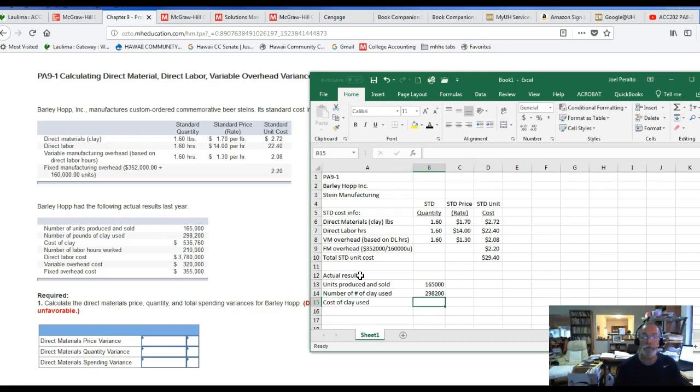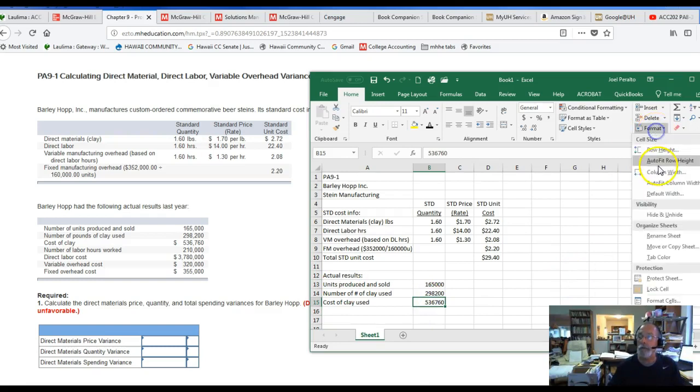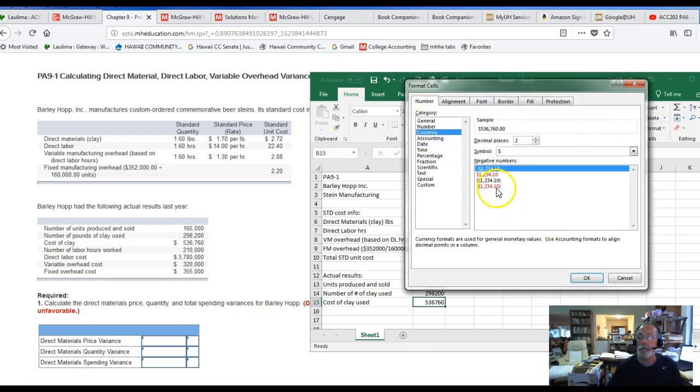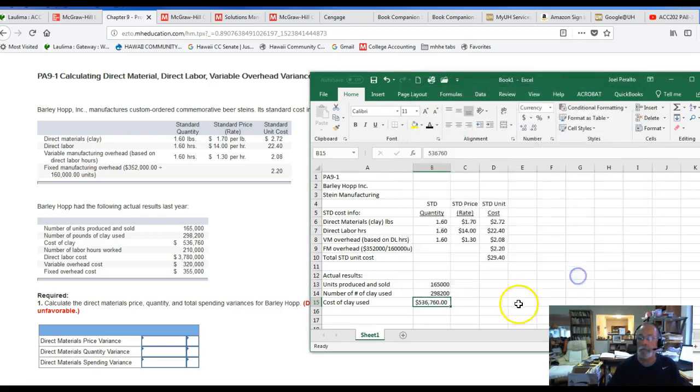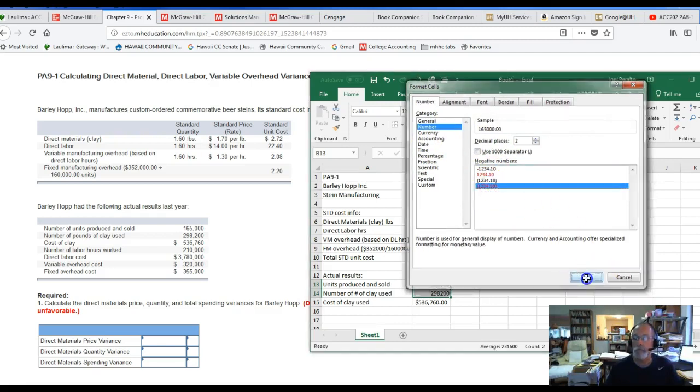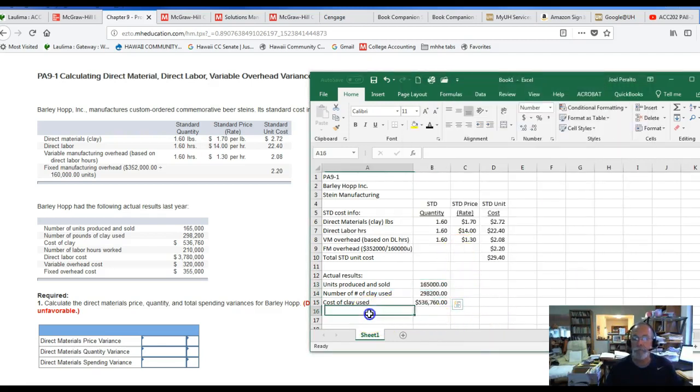Cost of clay used, $536,760, and that should be formatted as a currency. Okay, these two will be formatted as numbers. Okay.